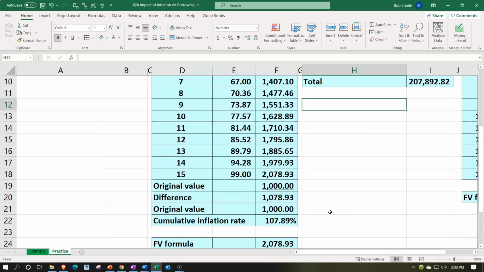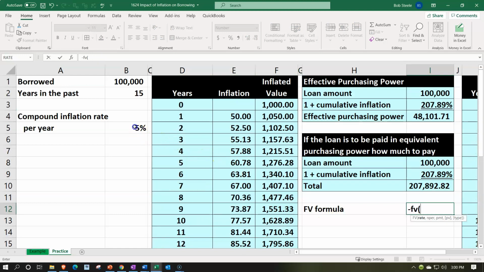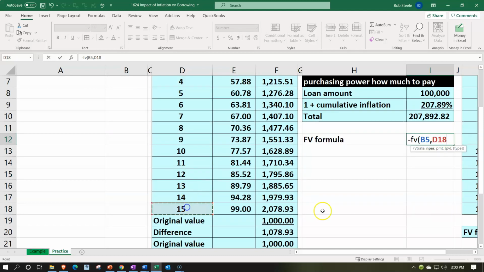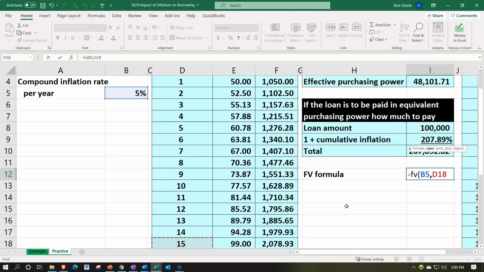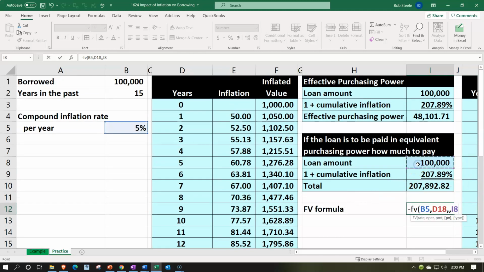Let's call this the future value formula, and say this is going to be future value shift 9. The rate is going to be that 5%, comma, number of periods we're going to say is 15, and then comma, because it's not an annuity, but future value of 1. And then we're going to say we started with that 100,000.